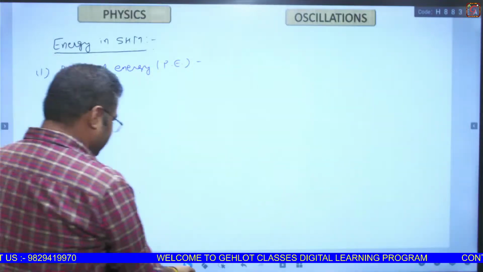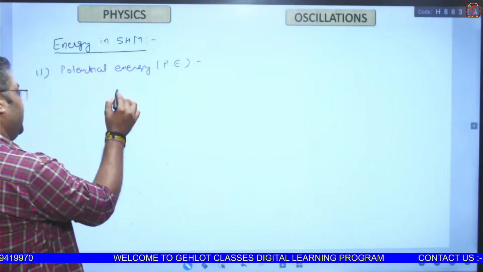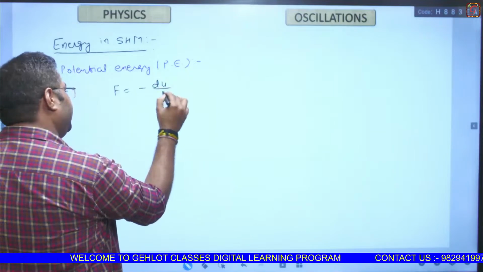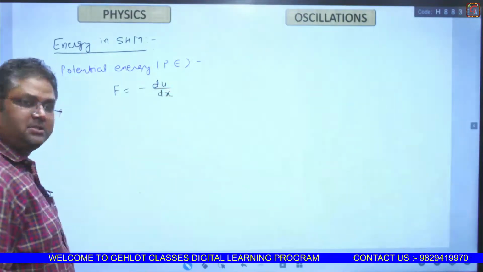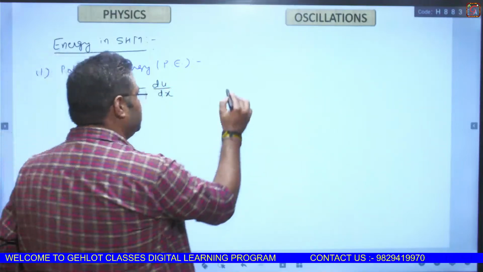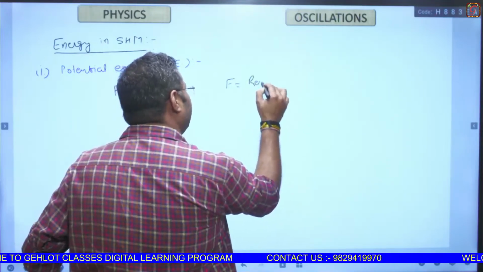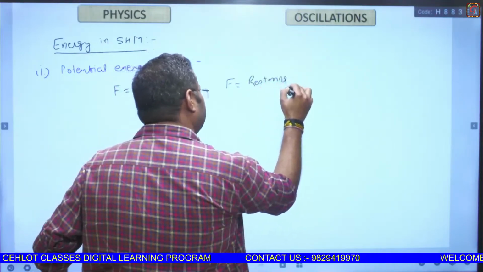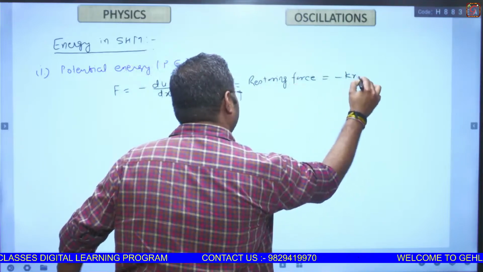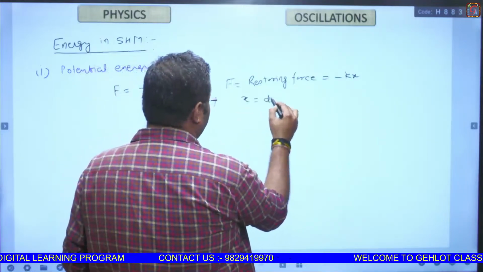The basic formula of potential energy is F equals minus dU by dx. And in simple harmonic motion, F is the restoring force, which can be written as minus kx, where x is displacement.